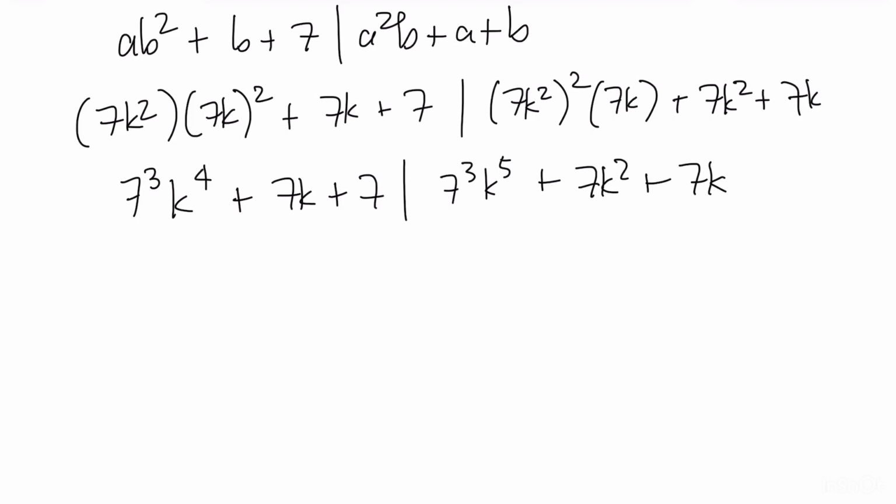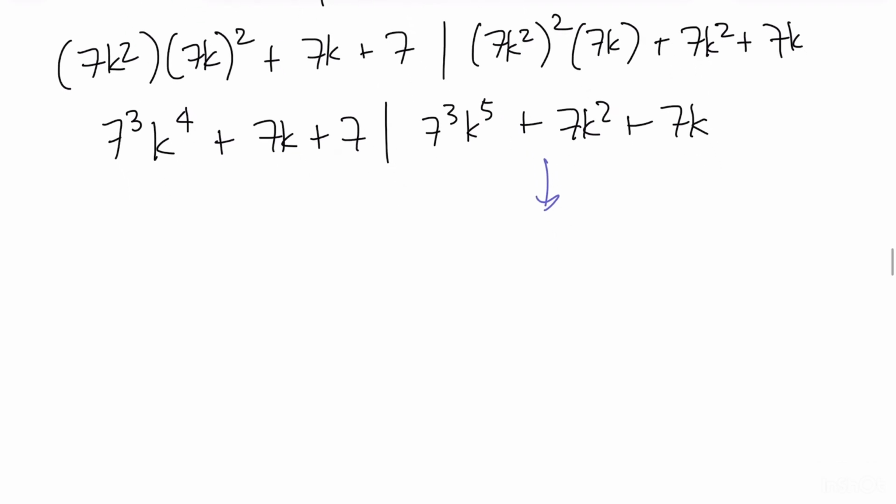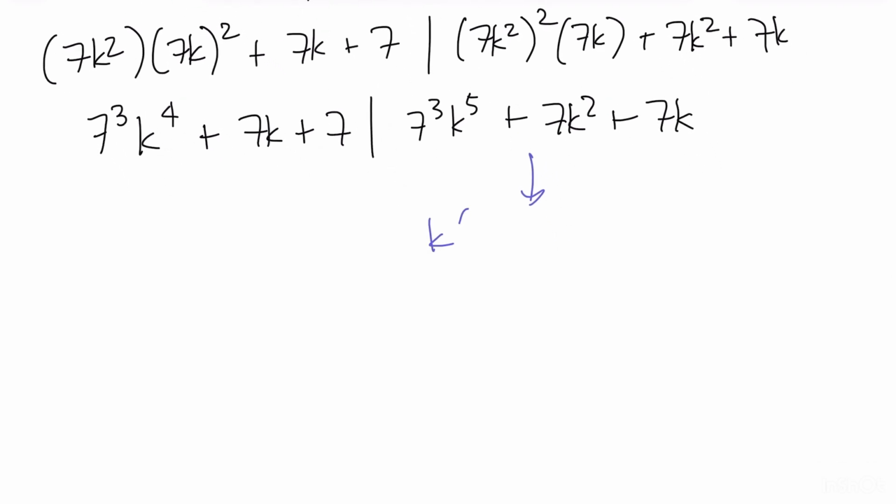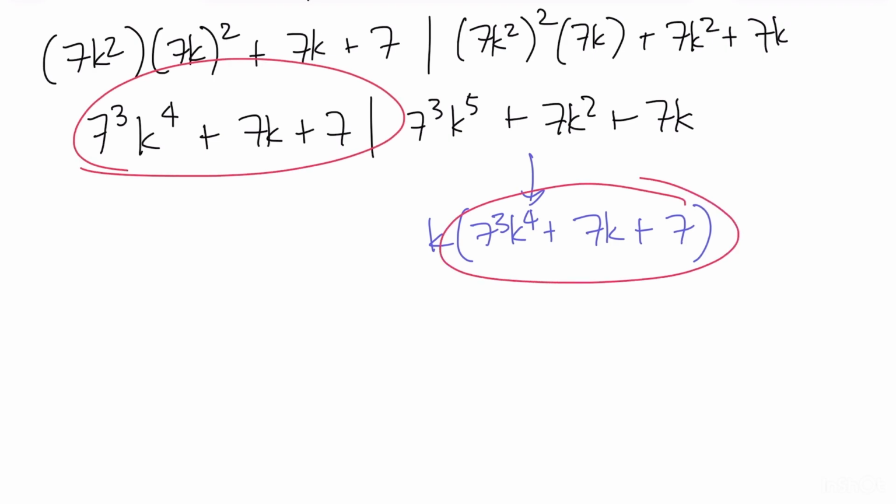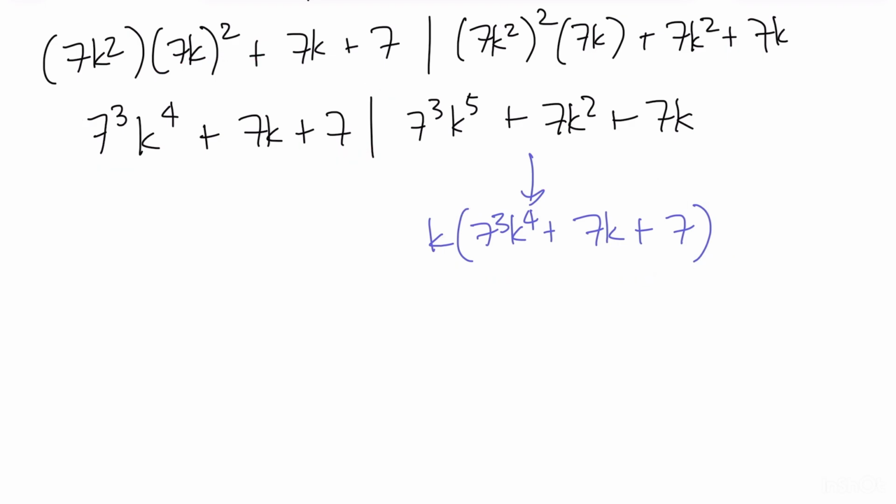Now this is obviously true, because this right hand side can be factored by k. So we can see that this and this, so it clearly divides the right hand side.